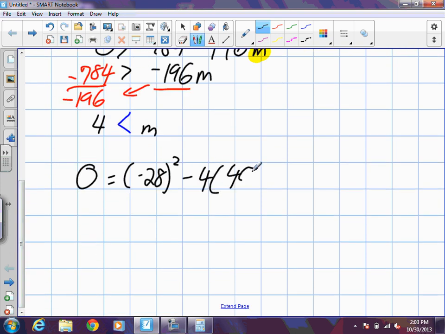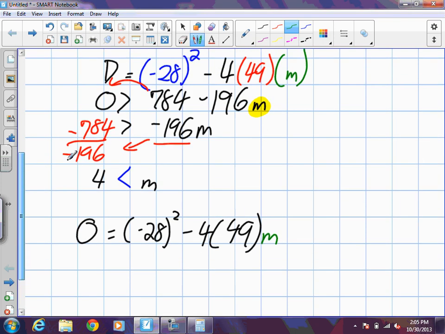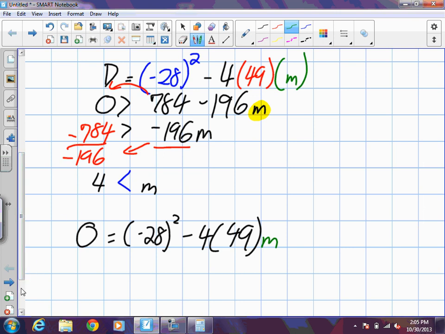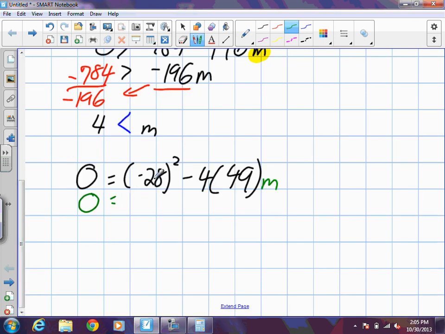times m. Okay? Good afternoon, please excuse me. So, negative 28 squared we solved above, is equal to 784. And negative 4 times 49 was negative 196. So here's our idea.